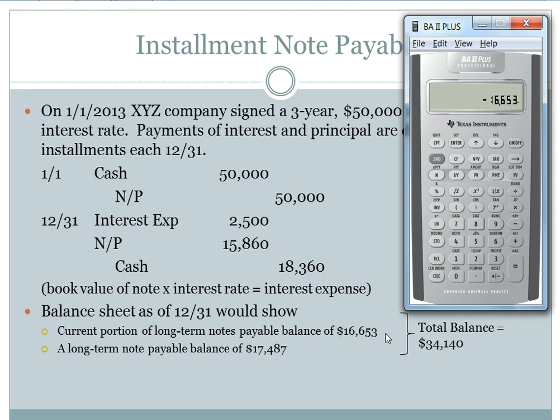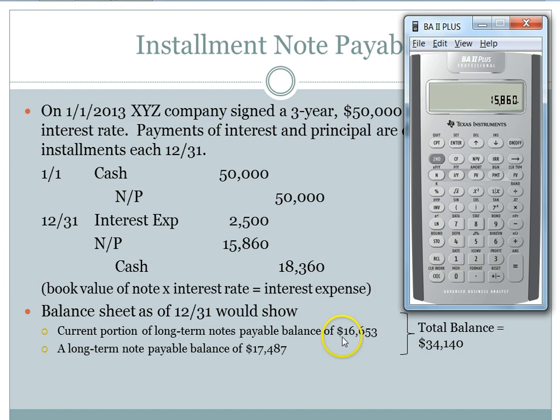At the end of 2015, we'll have another transaction where we will record our interest expense, and we'll also have a cash outflow of $18,360, and the last debit to notes payable would be for $17,487. So in 2013, we recognized $15,860 reduction in liability.